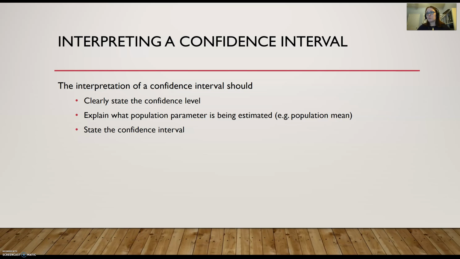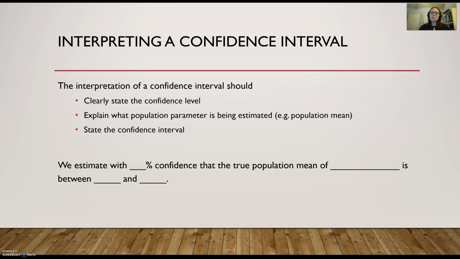It's the mean of what? For us, it's the mean temperature for coffee. And then the actual answer, of course, we want the confidence interval in there. You can just use this statement as a nice cookie cutter every time. So we estimate with some level of confidence that the true population mean of blank is between these two values.